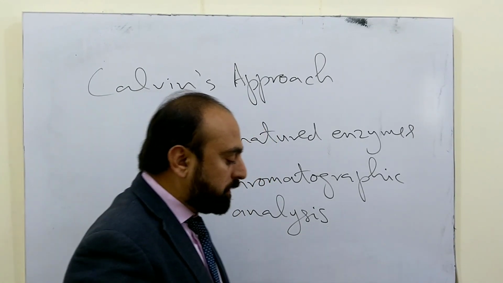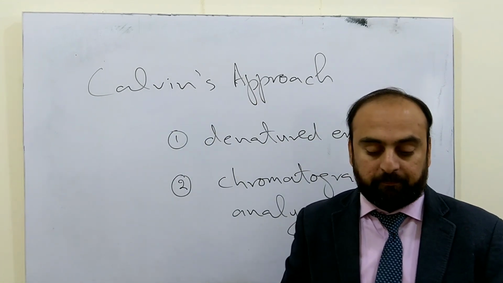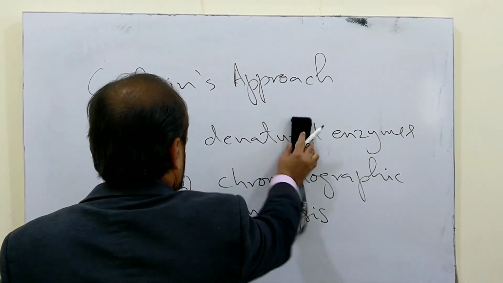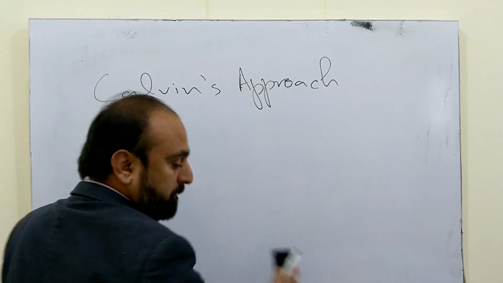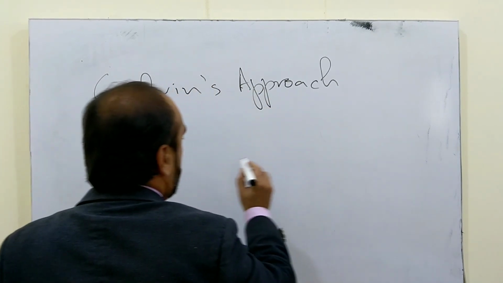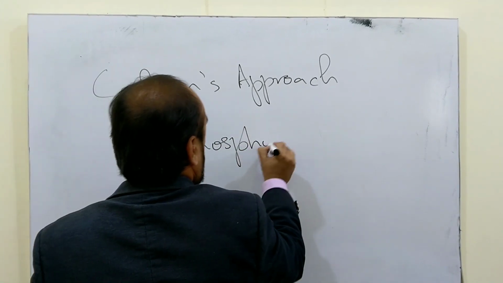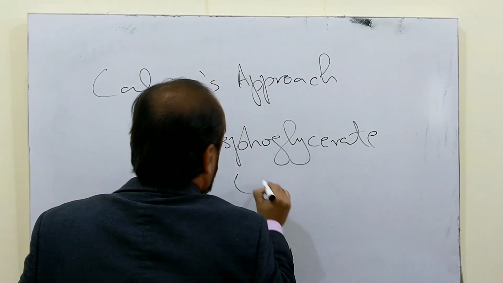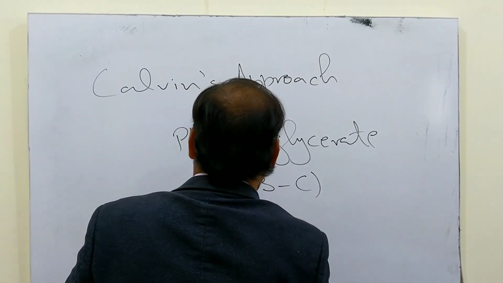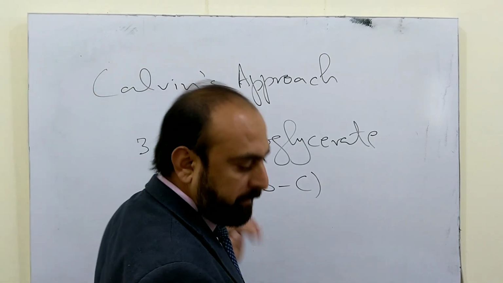When they reduced this time to as little as 2 seconds, they were able to isolate the first stable product, a 3-carbon sugar called phosphoglycerate, or 3-phosphoglycerate.